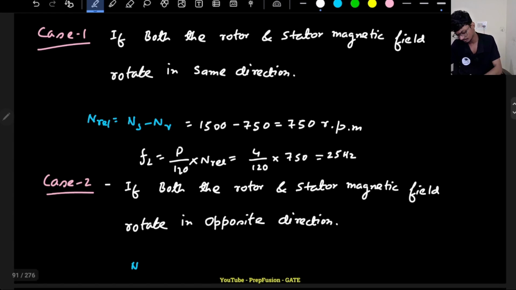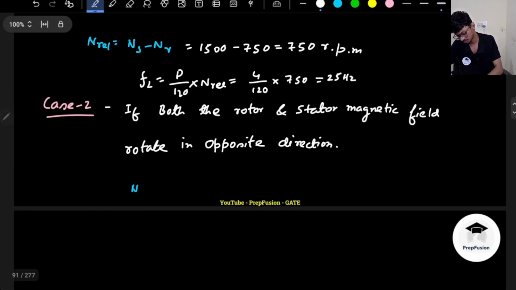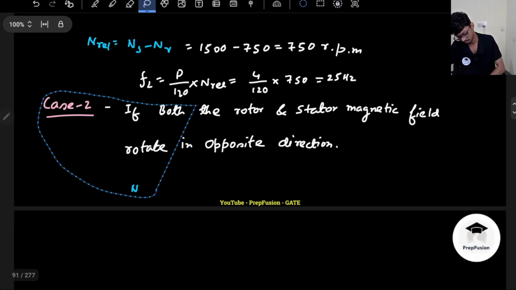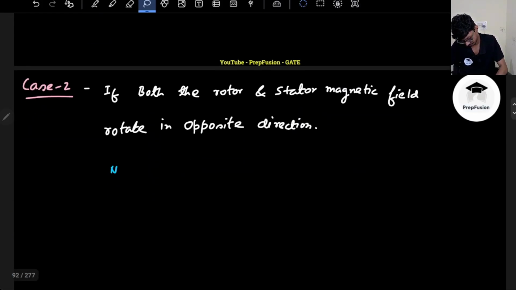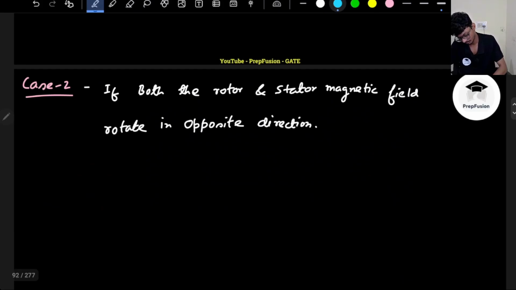Now, case 2: if they rotate in the opposite direction, then my N relative will be Ns plus Nr.